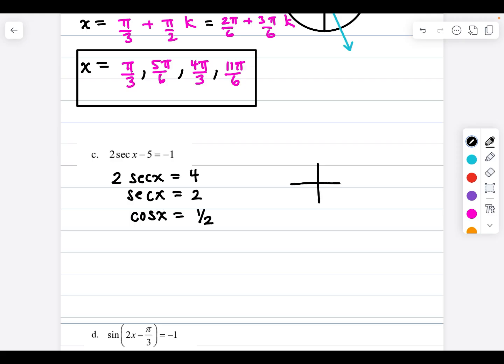And we're trying to find the solutions between 0 and 2 pi. It's the same for all these parts here. So cosine of x equals a half. It's going to be right here. These points on the unit circle have an x coordinate of a half. So x will equal, the angle in the first quadrant is pi over 3. And the angle in the fourth quadrant is 5 pi over 3.